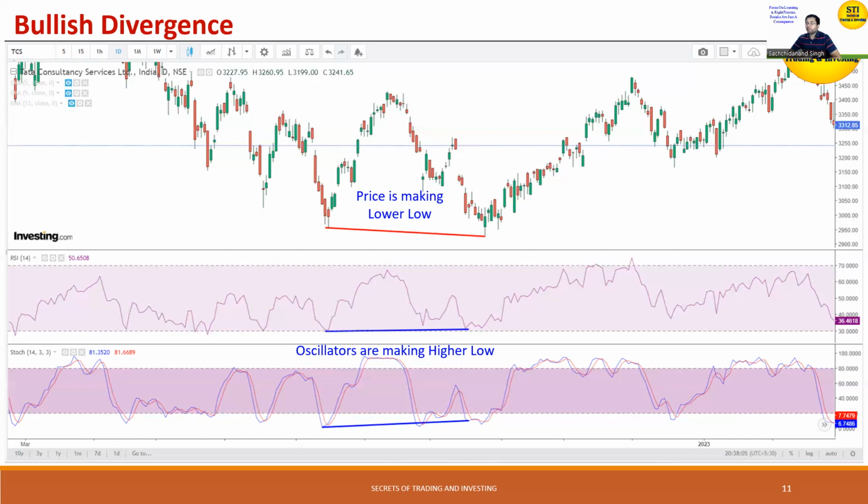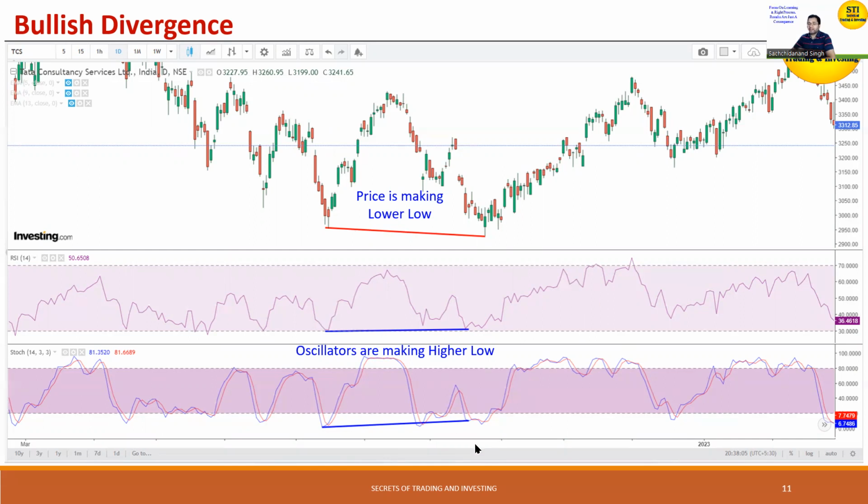It is very possible that when we observe a bullish divergence in any falling price of a particular stock, it is not going to fall beyond this price point, or it may still fall, but the strength of the fall may not be as strong as earlier. Whenever we see such behavior of the price against RSI and stochastic, that behavior is called a bullish divergence.